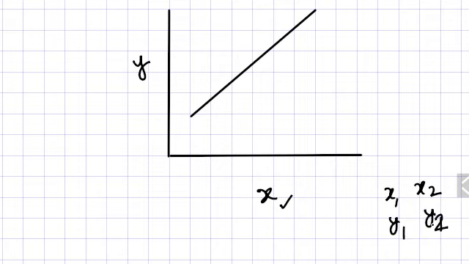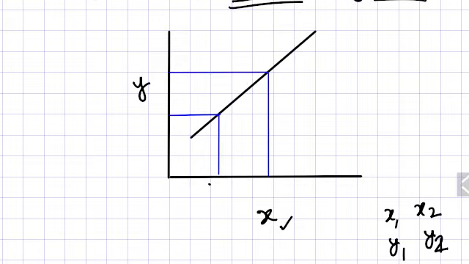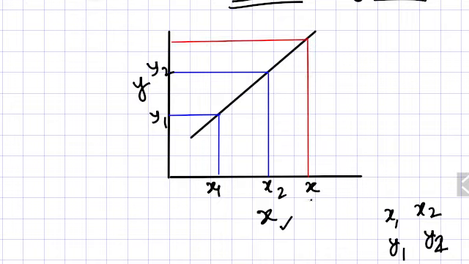I will show you it in the graph. Suppose these are the known values. This is x1, this is x2, and at these values y1 and y2 are here, and we have to know the value of y at this point x. At this value you have to find what the value of y is.